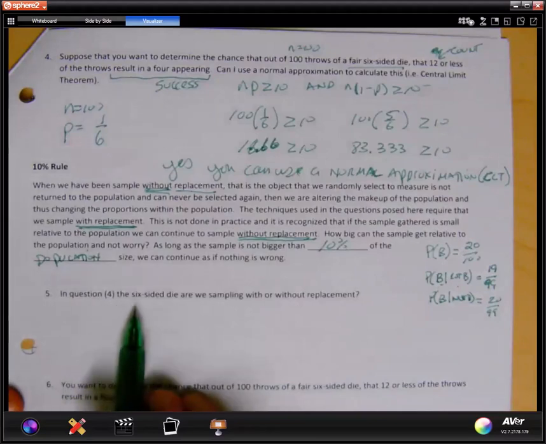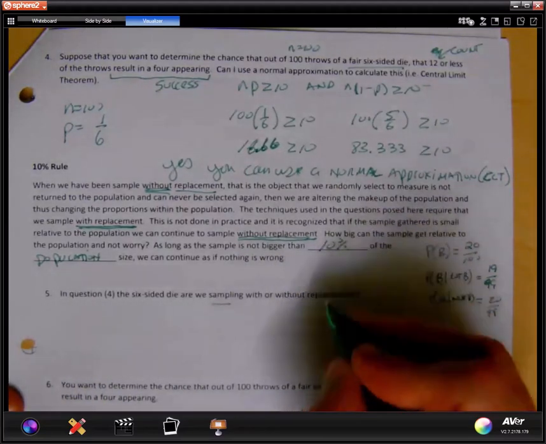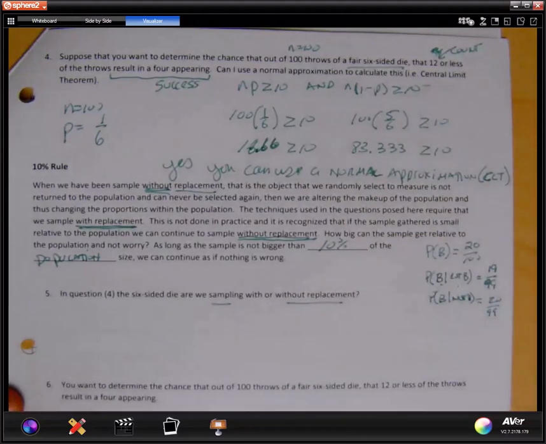Now, in question 4, the 6-sided die, are we sampling with or without replacement? Well, let's see. Every time I toss a die, what happens? Well, I get a value, and then when I pick it up, does that value go away? No, it can roll again.